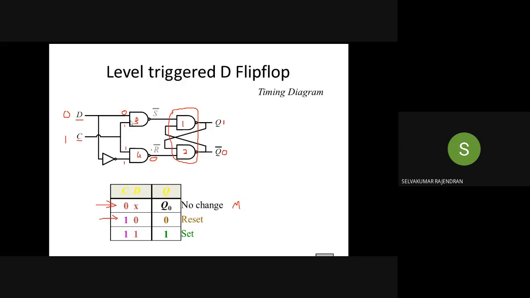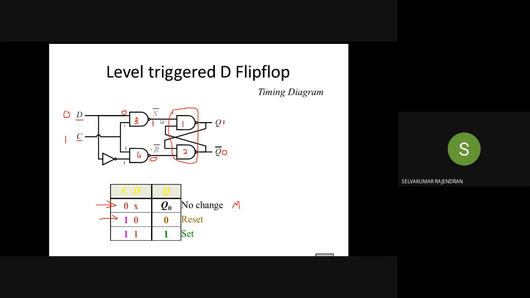What about the output of NAND gate 3? Here one of the inputs is logic 0, so the output of NAND gate 3 is logic 1. So here S bar is 1, and R bar is equal to 0.